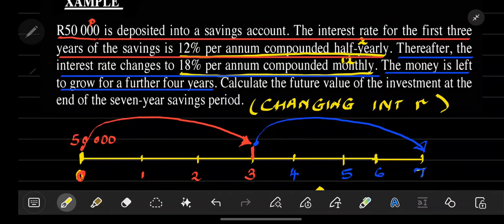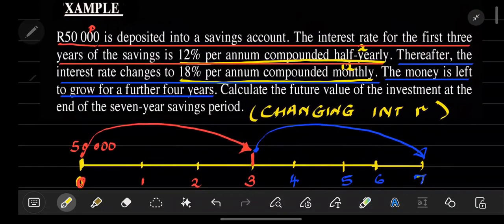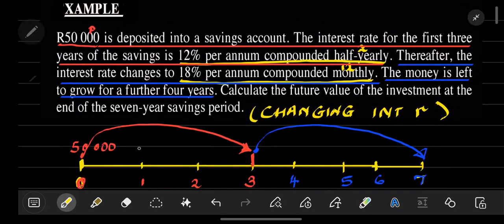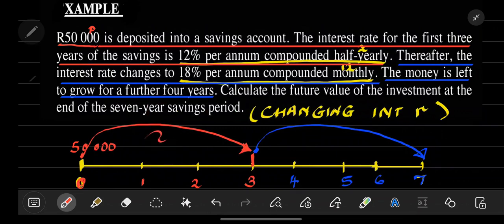So the interest rate for the first 3 years is compounded half yearly. Our N on the red part is 3, right?